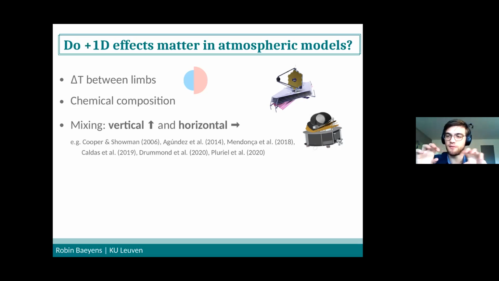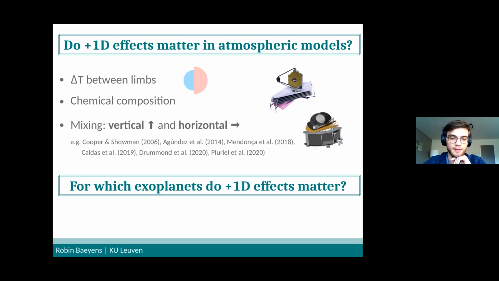And I was asking myself the question, well, for which planets in the whole diversity of exoplanets that we know do these multidimensional effects matter a lot, and for which maybe 1D models can be suitable?